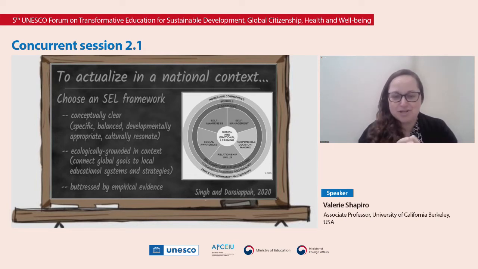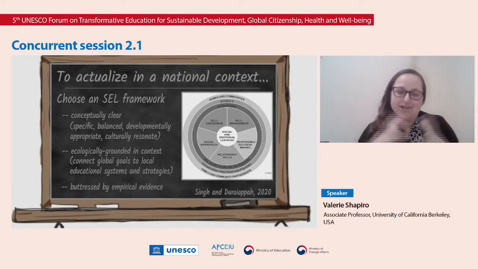So here you have an image of the CASEL Wheel, the Collaborative for Academic, Social, and Emotional Learning, which is quite a popular model, but it's not the only model. And what's really important here is that we choose a framework that meets these criteria in order to inform all the assessment that comes after it. Next slide.